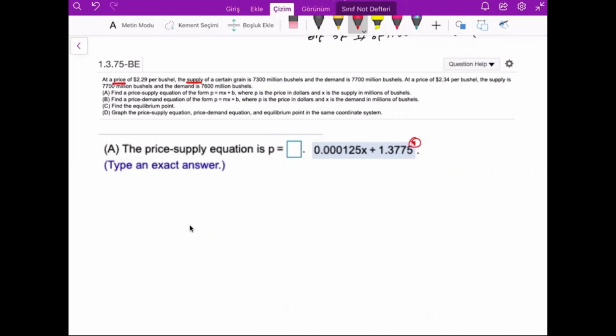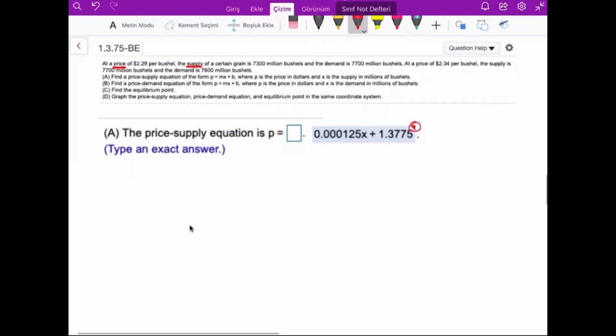The supply is, you should know, but if you don't know, demand is the produced number, supply is the buying number. In Turkish we say talep and arz. You can use the dictionary in your Word, okay?